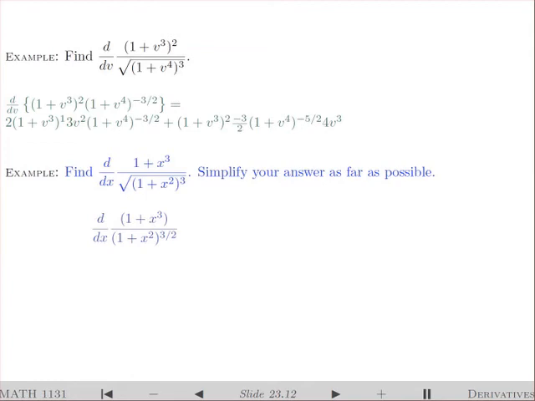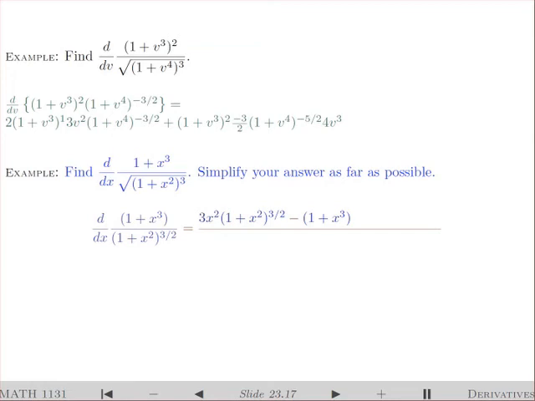So I'm going to use the quotient rule. The quotient rule tells me that I first differentiate the numerator. The numerator here is 1 plus x cubed, its derivative is 3x squared. Multiply by the denominator (1 plus x squared) to the power 3/2, minus the numerator (1 plus x cubed) times the derivative of (1 plus x squared) to the power 3/2, over the square of the denominator of the function I'm differentiating.